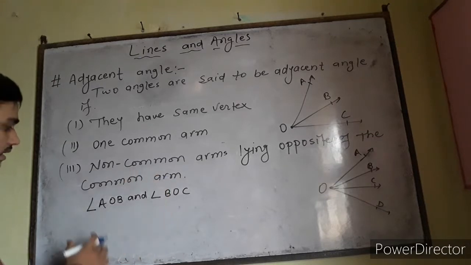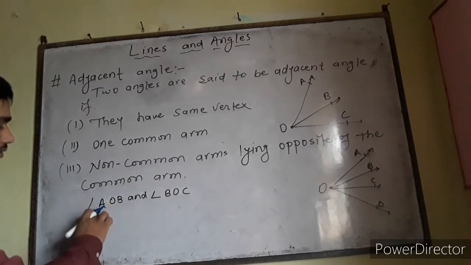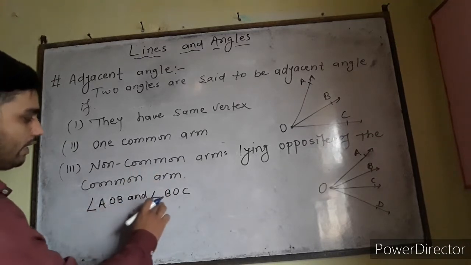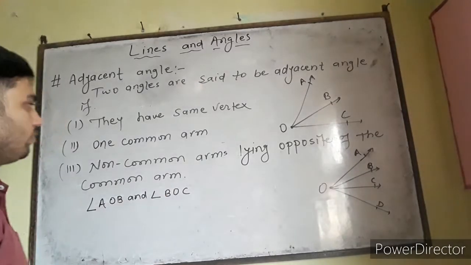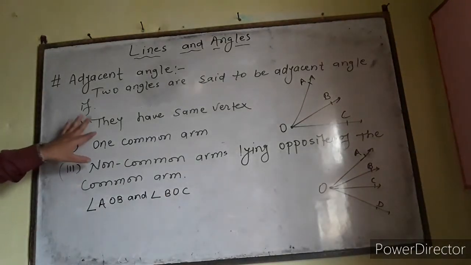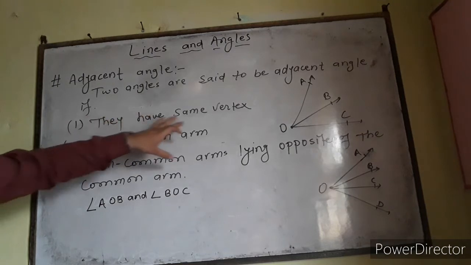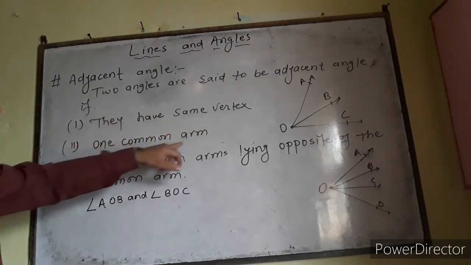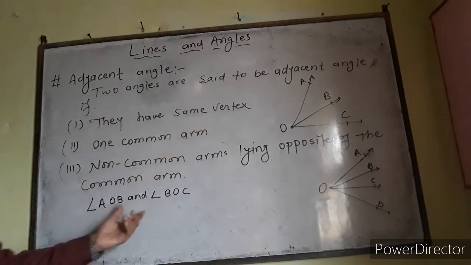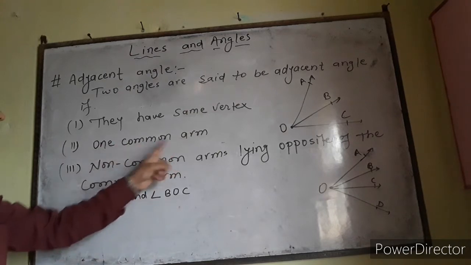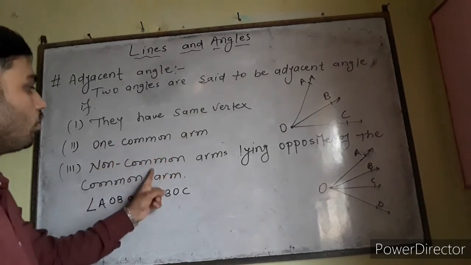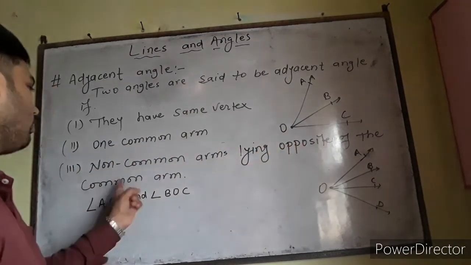Let's see the example. If we take two angles AOB and BOC, we have to check these three conditions: they have the same vertex, one common arm, meaning between these two angles there should be one common arm, and the non-common arms lying opposite of the common arm.